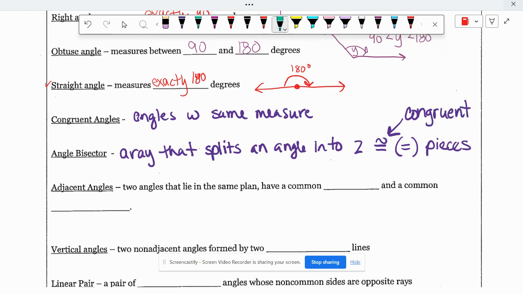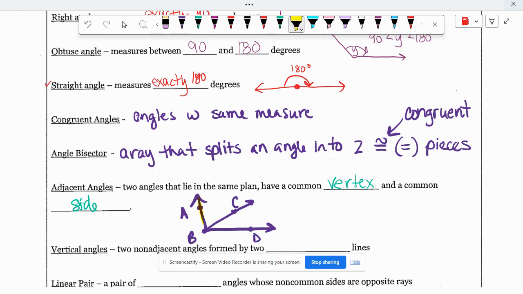All right. Adjacent angles are two angles that lie in the same plane, have a common vertex, and a common side. So let's look at a pair of adjacent angles. Adjacent angles could be something like this. This is angle A, B, C, D. So I have two angles.